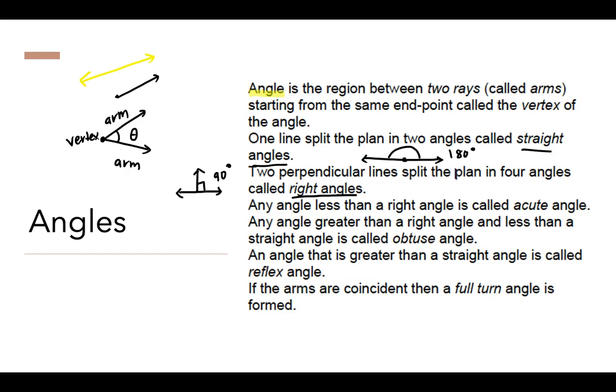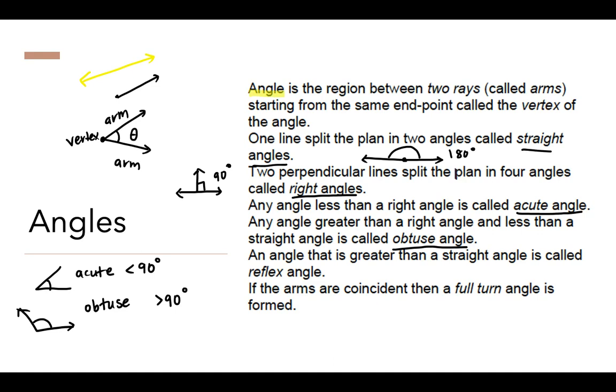Anything that we call an acute angle is less than 90 degrees. For example, this is an acute angle. If we have an angle greater than 90, we call it an obtuse angle. So from here to here, this is obtuse. Obtuse is greater than 90, but it has to be less than a straight angle.